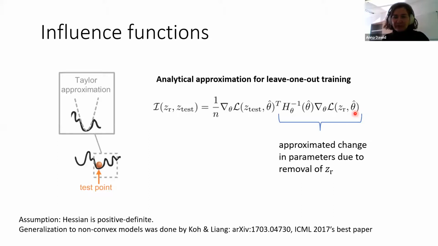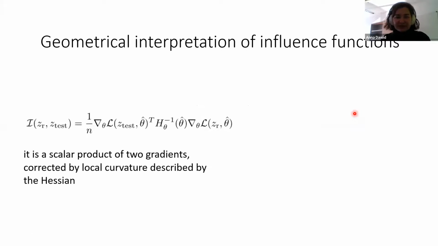Also, for more geometrically inclined people, there is another intuition which is pretty powerful. You can look at it as a scalar product of two gradients, the gradient of a test point and the gradient of the training point, corrected by the local curvature described by the Hessian.